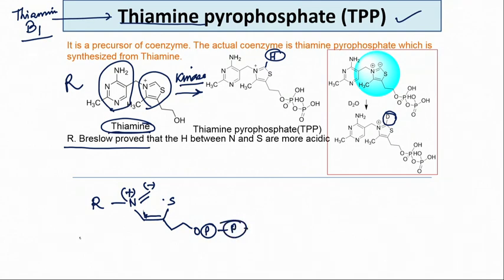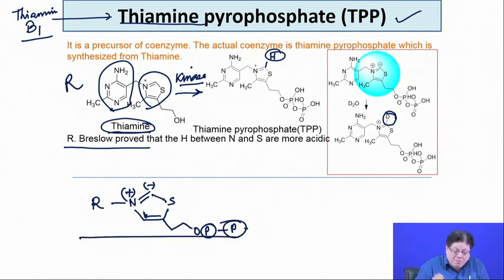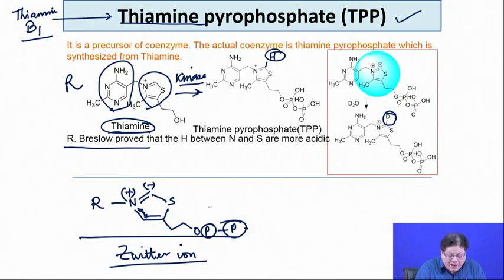So, this is thiamine pyrophosphate in aqueous solution at pH say 7.2. It exists as a zwitterion, and you can draw another resonating structure of this.